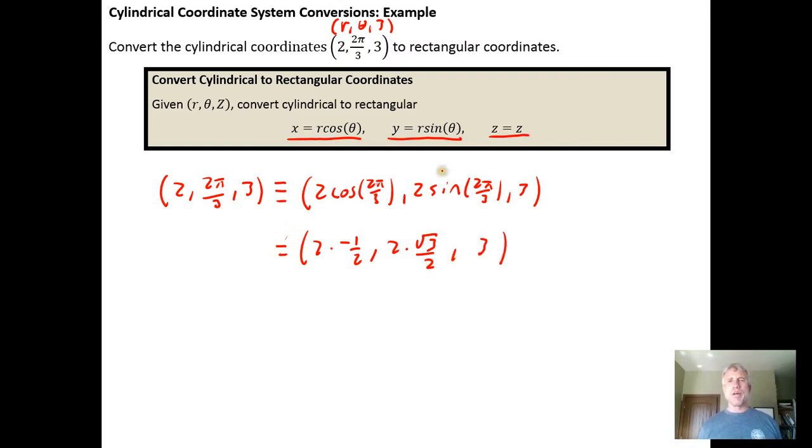If these weren't special angles, then we would just leave it the way that it is, unless we were asked to approximate the rectangular coordinate. So if they weren't a special angle, you would just stop right here. Like if it was 3 radians, you'd go 2 cosine of 3, 2 sine 3, and 3, and you'd be done. And then we want to do one last simplification, so we're going to get negative 1, comma, square root of 3, comma, and 3.